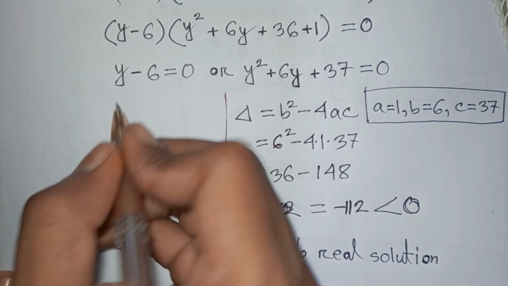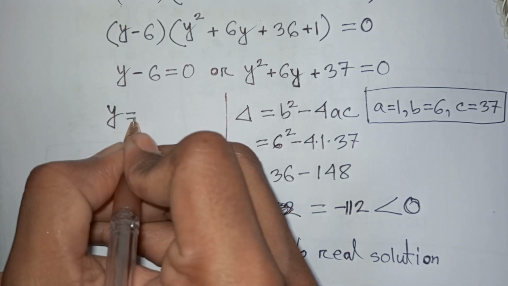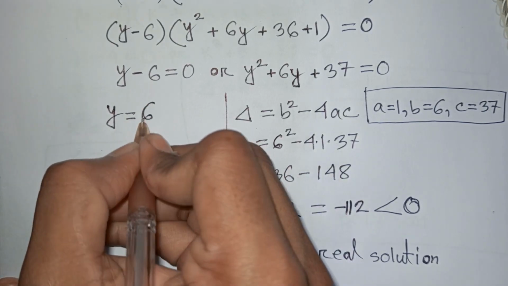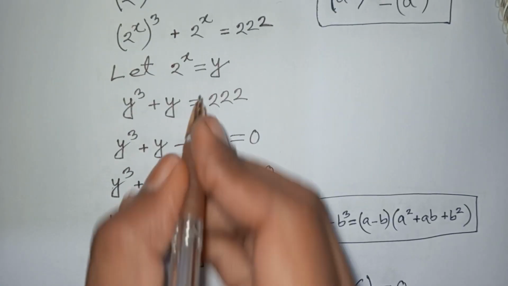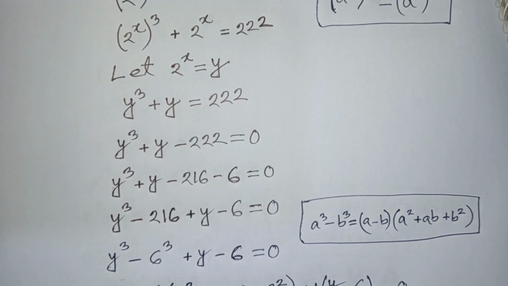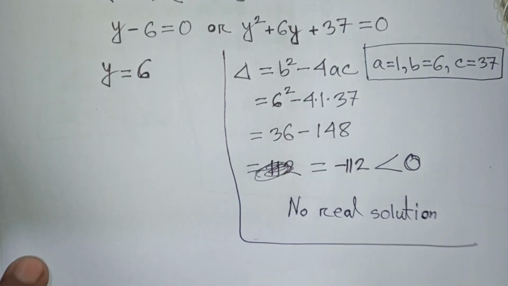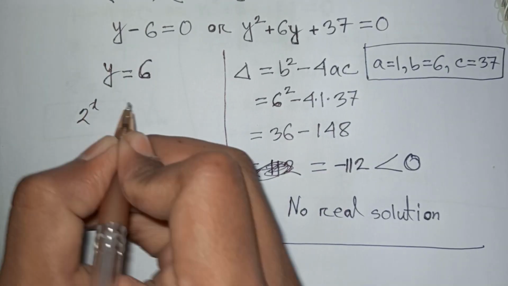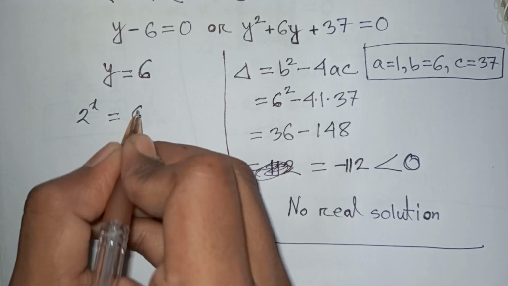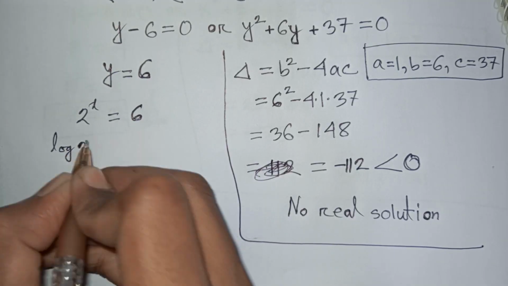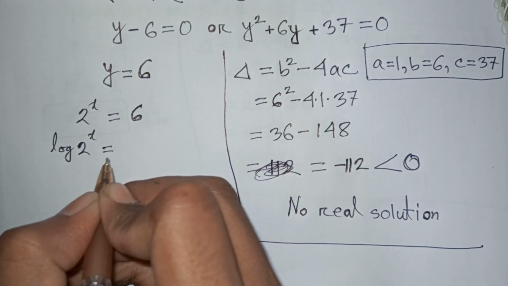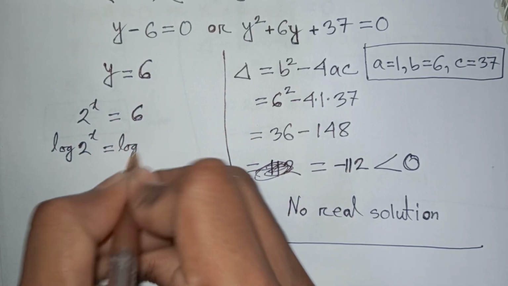Now from here y is equal to 6. Now remember that y means 2 power x. So 2 power x is equal to 6. Now we apply log on both sides. So log of 2 power x is equal to log of 6.